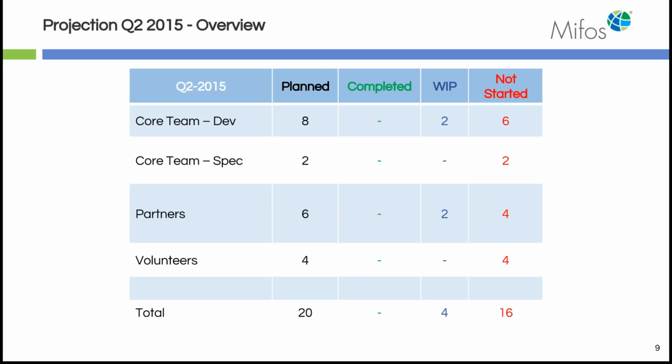Then partners are hopefully committing to 6 plans, and 2 are already work in process, so there are some hangovers from last time. And we're looking for volunteers to take up 4 tasks, which would make a total of 20. So we hope we can increase our velocity a bit from 15 to 20 tasks.